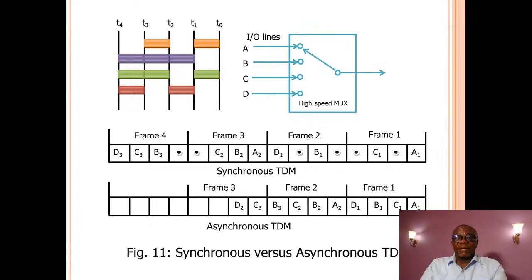Instead of transmitting empty space, it goes to D. At D, it sees something. It calls that D1. So frame 1 is filled now. You see that for frame 1 to be filled, it has gone from T0 to T2. So frame 1 now will be A1, C1, B1, D1.